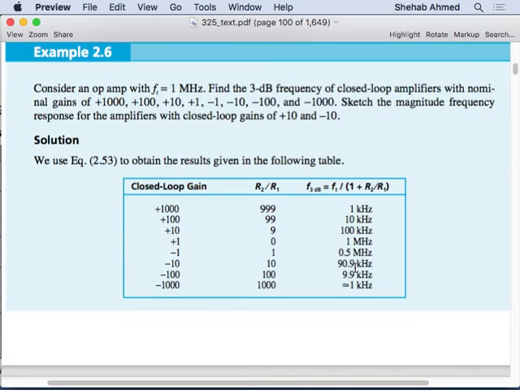This is one of the characteristics for the closed loop op amp operation. So if the gain is large, the bandwidth is small. If the gain is small, the bandwidth is large. It's just a characteristic. There's a compromise somewhere. It's just from the equations.